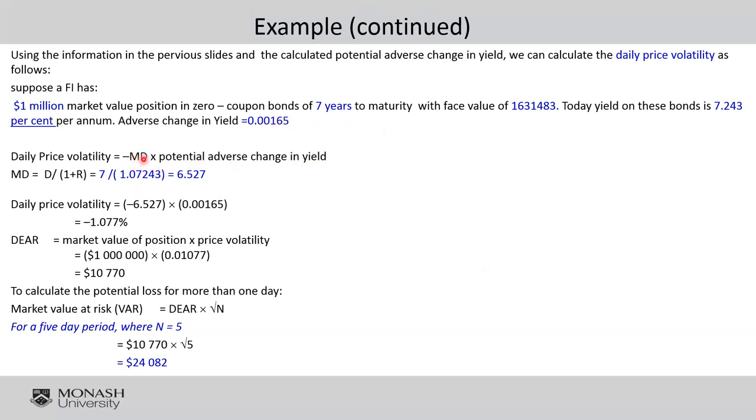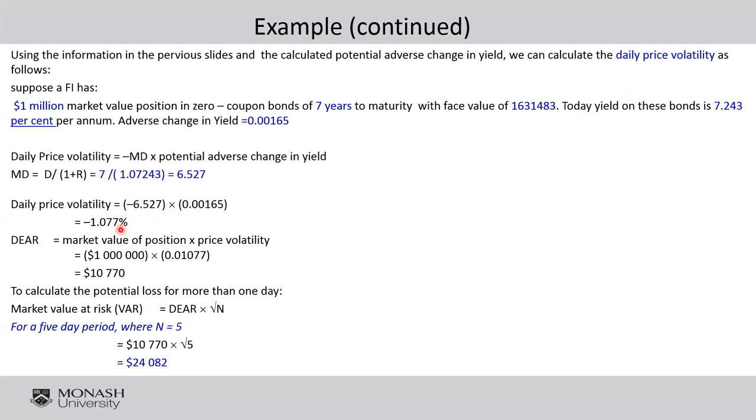How can I calculate the modified duration? Modified duration is the duration over 1 plus R. I have the duration, which is 7 years, and I have R, which is 2.43%. In this case I get 6.527. This is the modified duration. Now that I have the modified duration, I can calculate the daily price volatility, which is the modified duration times the adverse movement.